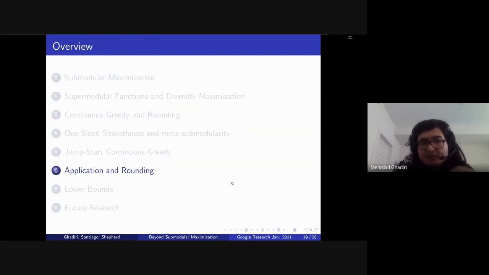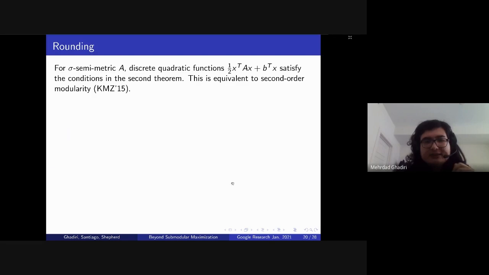Instead of that, I want to go ahead and see an application of these functions. One application is for the functions which we call discrete quadratics.